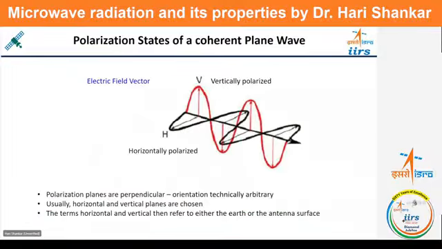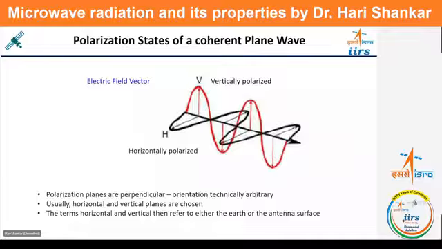Here you can see the electric field vector. We are concerned about the electric field vector, not the magnetic field vector. But the electric field vector is a three-dimensional vector, meaning it can have x, y and z components. The z component we generally consider as 0 because it is along the direction of propagation. So only two components decide the movement of the entire electric field vector.